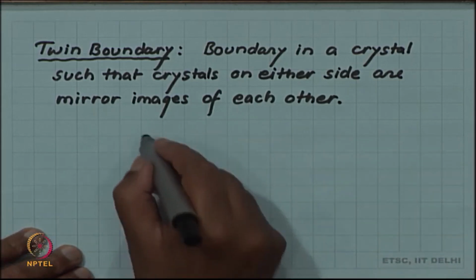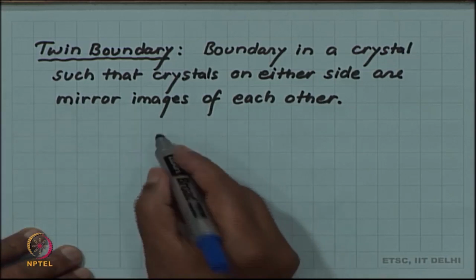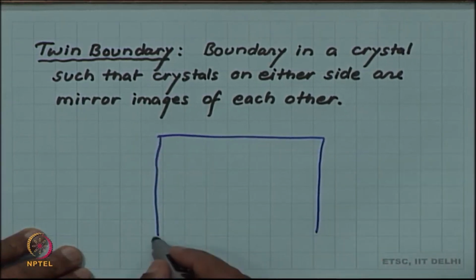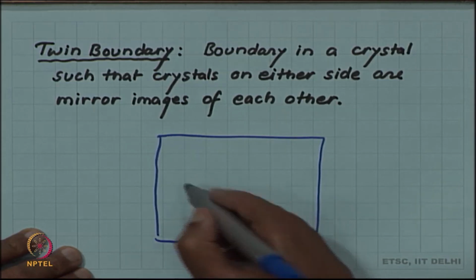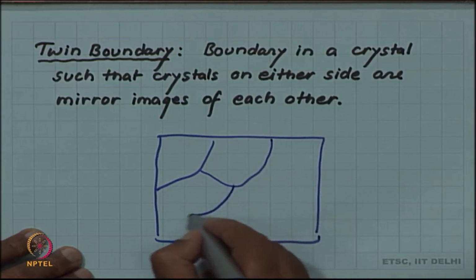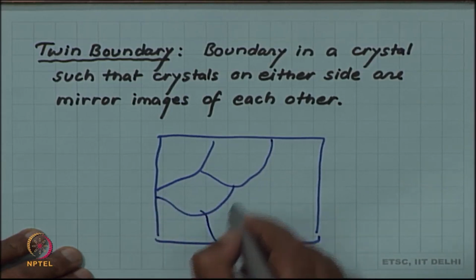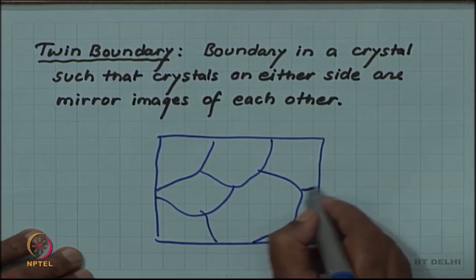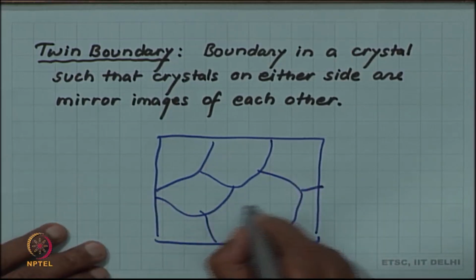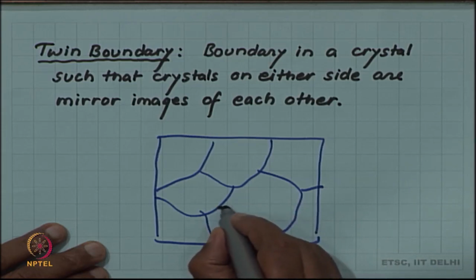It quite often happens that these twin boundaries, when you see them in a microstructure, so let us assume that these are grain boundaries, and in this grain somewhere a given grain will have a twin boundary.